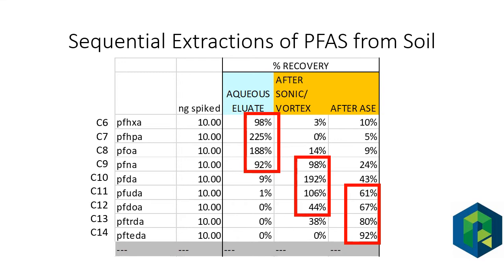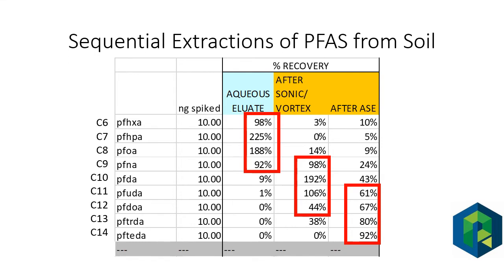And so the trend for us was clear, seeing this, that ASE, being the most aggressive extraction method of these 3, would be able to extract with high efficiency long chain perfluorinated acids from soil. So it's very encouraging for us to see this.